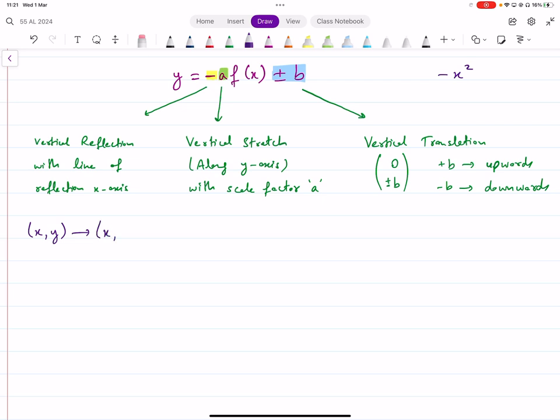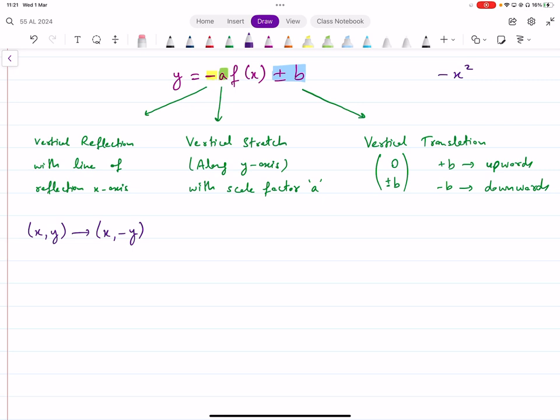The x coordinate remains exactly the same, but the y coordinate changes its sign. So if it was positive, it becomes negative. If it was negative, it becomes positive. Right? जो ऊपर वाला point है वो नीचे चला जाएगा, नीचे वाला point ऊपर चला जाएगा. तो essentially y coordinate को आप minus sign से multiply कर रहे हो.